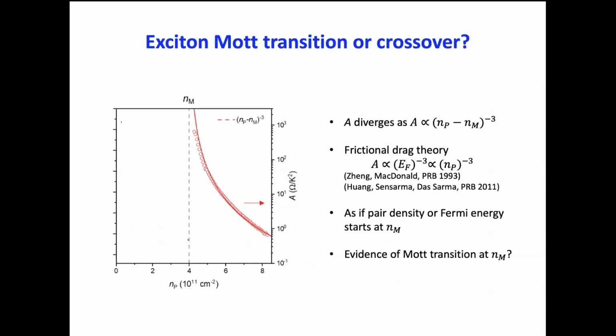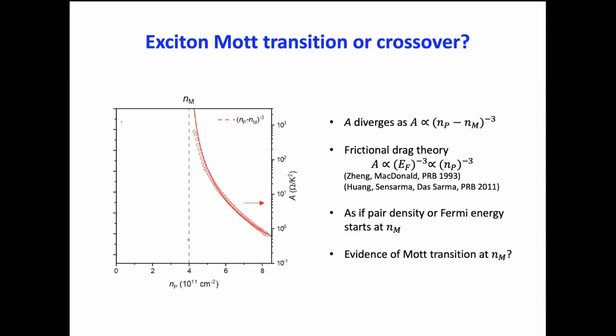This is a plot of the A coefficient in ohm per Kelvin squared against the pair density in the system, which you can continuously tune. It turns out that it diverges by 3 orders of magnitude, following a phenomenological power law of 1 over the pair density minus the Mott density.